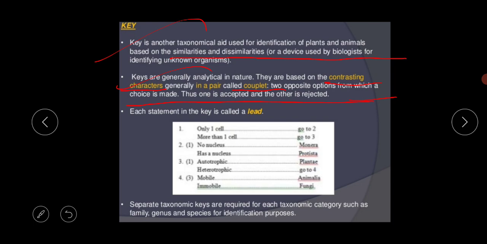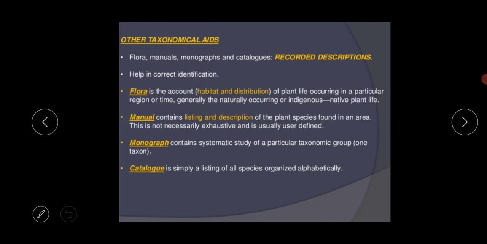In a bracketed key, the alternate characters are given numbers in brackets, and in an indented or yoked key there is a sequence of two or more alternate characters from which the selection and elimination are carried out. Separate taxonomic keys are required for each taxonomic category, such as family, genus and species, for identification purposes.